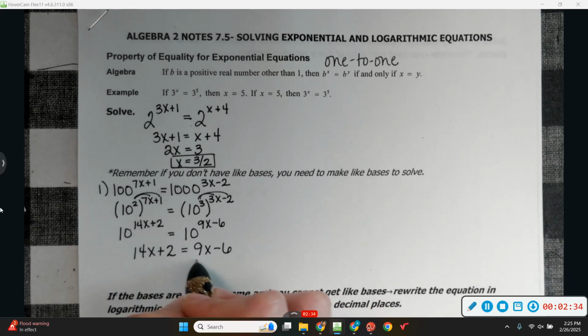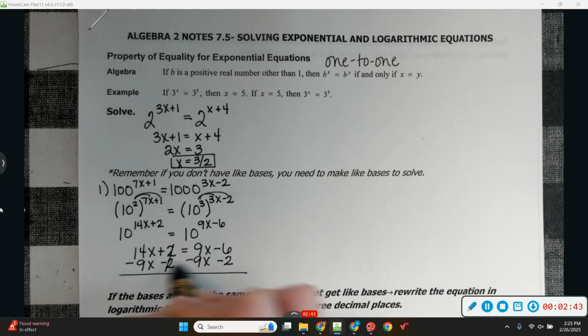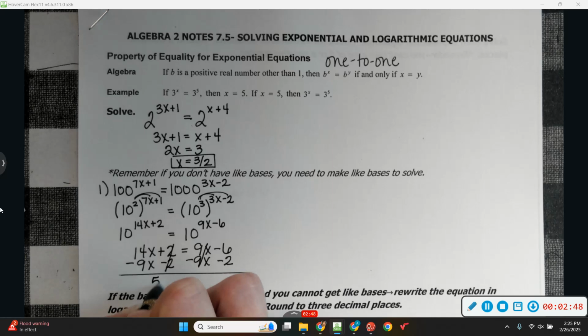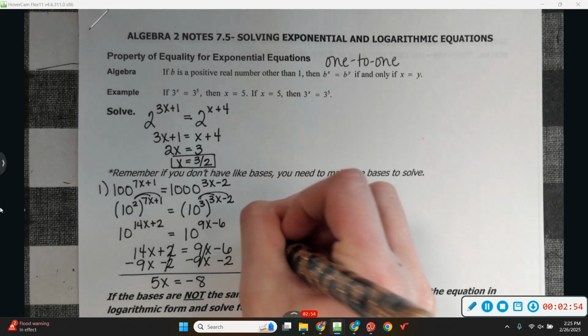Then I could subtract my 9x from the 14x, and I can subtract 2 in the same step, and that is going to give me 14 minus 9, which is 5x equal to negative 8. So when I divide by 5, x is equal to negative 8 fifths.